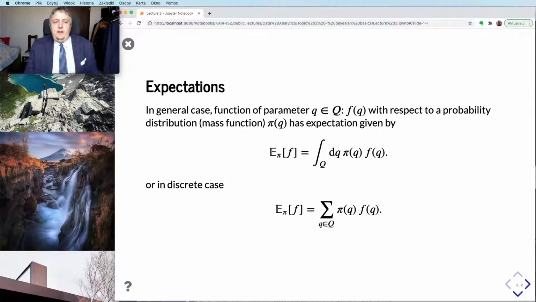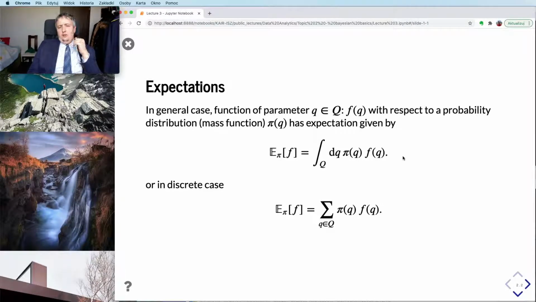So in general, we will be focusing on a certain function of parameters q, call it f, and we will be considering its expectation with respect to a certain probability distribution, or mass function in the discrete case, of q. So q is distributed according to the function pi of q, and its expectation is given by the following integral.